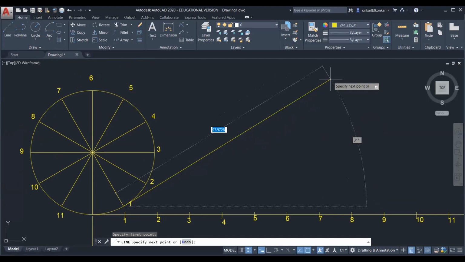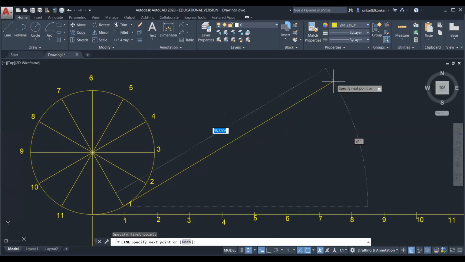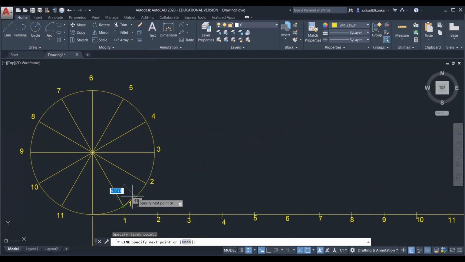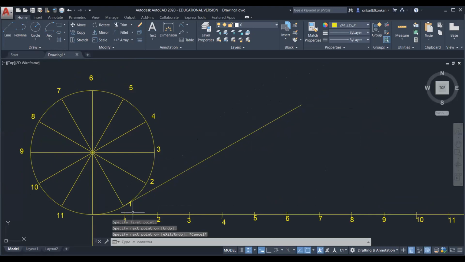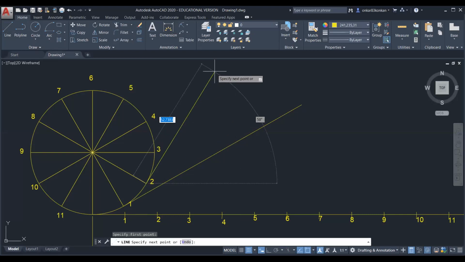This tangent line must be perpendicular to this radius. So this is the first tangent line. Then similarly draw the tangent line from point 2.